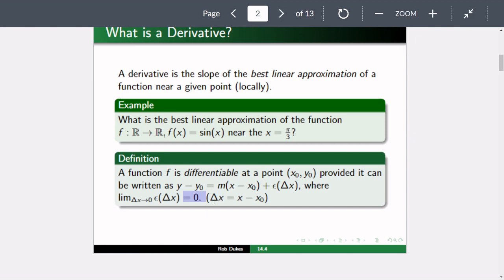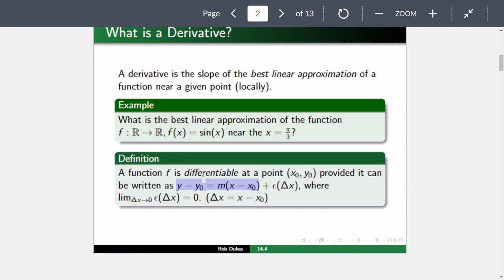Meaning that the closer we get to x and x naught being the same thing, because delta x is just x minus x naught, the smaller that difference gets, the more accurate this estimate is. You could write this as delta y equals m times delta x if you wanted.